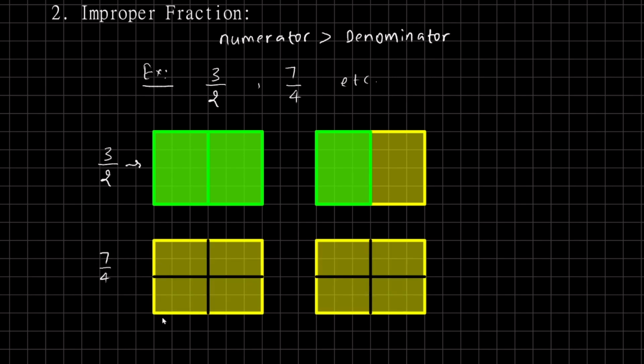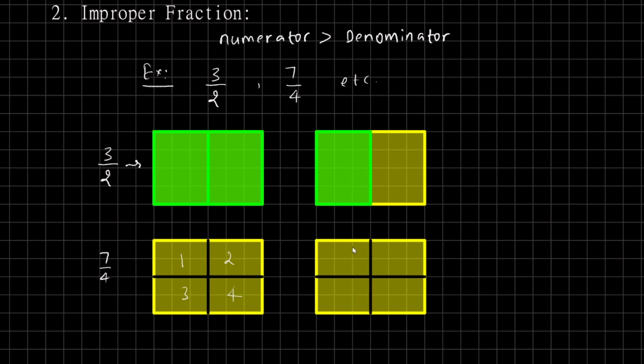See 7 over 4. Here we first take a whole object, divided it into as many parts as denominator. So denominator here is 4, so we divided it into 4 equal parts, and now we count. This is the first part, this is the second part, this is the third part, and this is the fourth part. But our numerator is 7, so we have to count up to 7. So we need more parts.